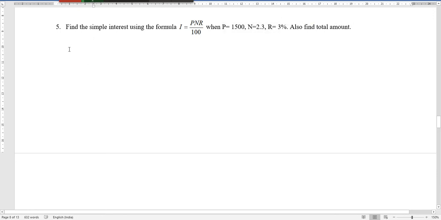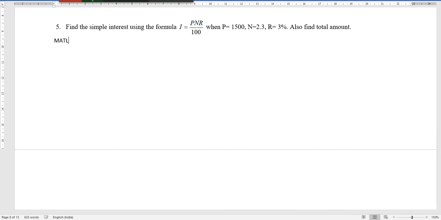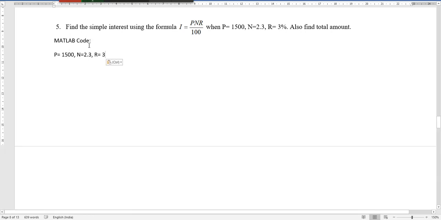So the Matlab code, very simple. I will use a semicolon between the two variables. Output is not required, that's why I am not writing it. If you want to write in the script file, you can directly type the values, then no problem. In this situation we will write the code one by one.